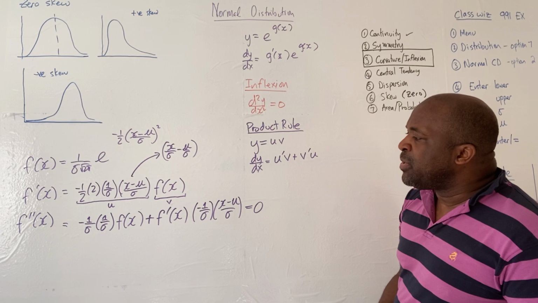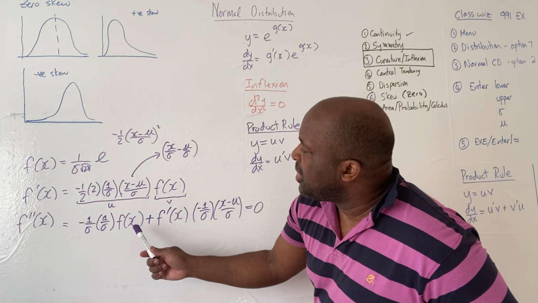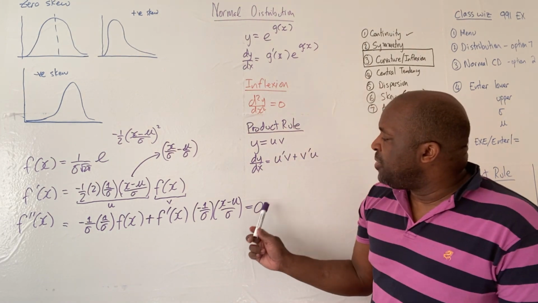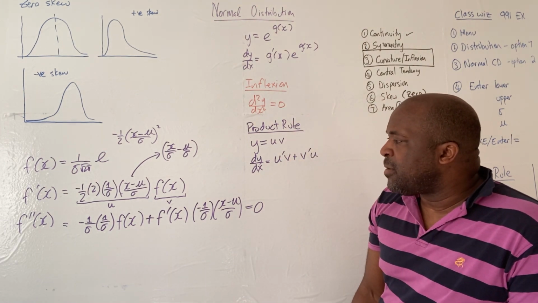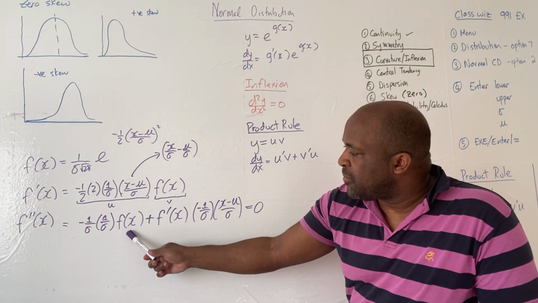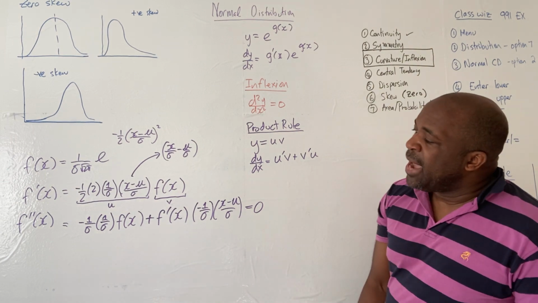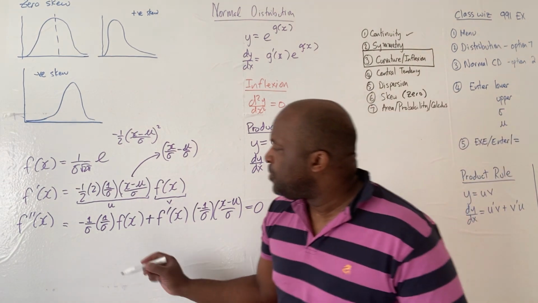So what must be true for all of this to be equal to 0? Ideally, we want to write this in factored form and then solve for x. So we're going to now substitute the expression for f of x and the expression for f dash x and see if we can factorize from there.